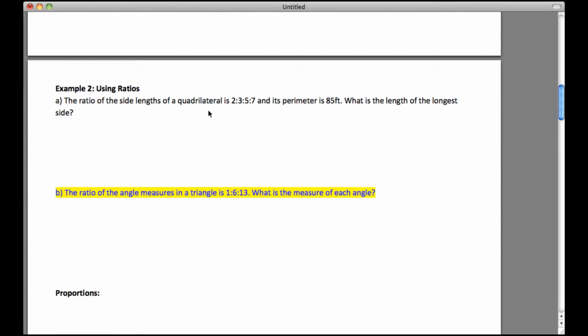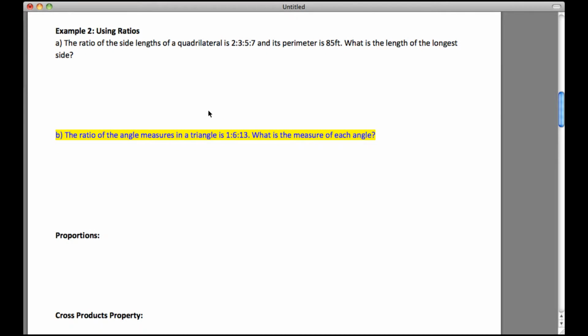And so it's important to remember that we don't just have to have 2 numbers to have a ratio. The ratio of the side lengths of this quadrilateral, whatever it happens to be, is 2 to 3 to 5 to 7. Notably, it doesn't necessarily have to be side length 2, 3, 5, and 7, because if it's a ratio, then it's a division problem, a fraction, so we'd have to reduce it.